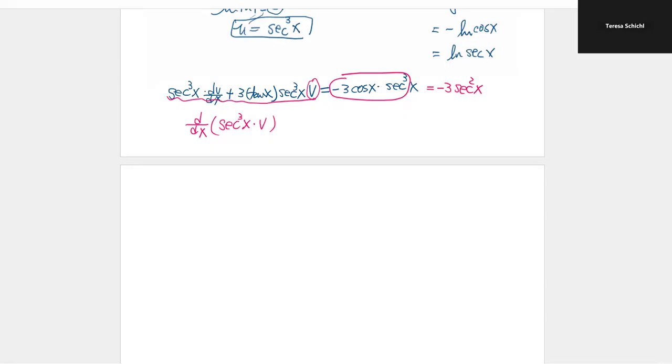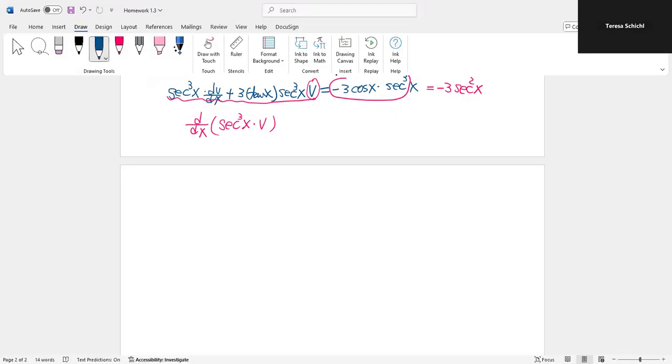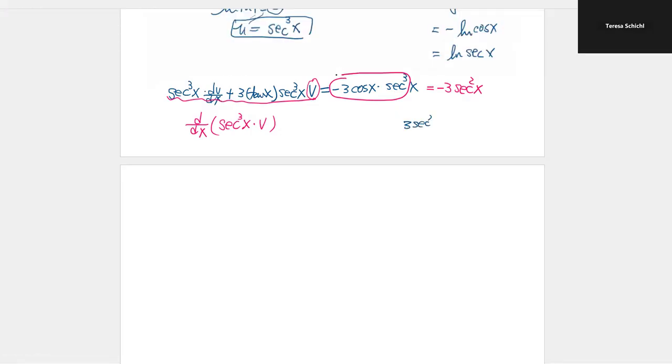The derivative of secant cube is 3 secant square x by the power rule, then you need to use the chain rule, so secant x tan x, right? So that matches this term. So I know I'm good.